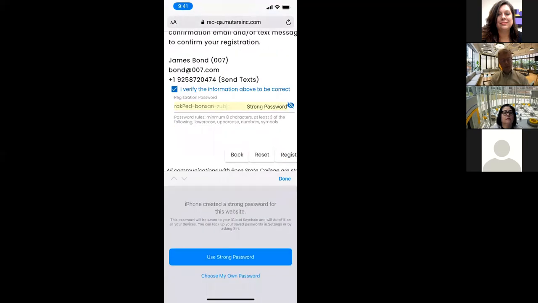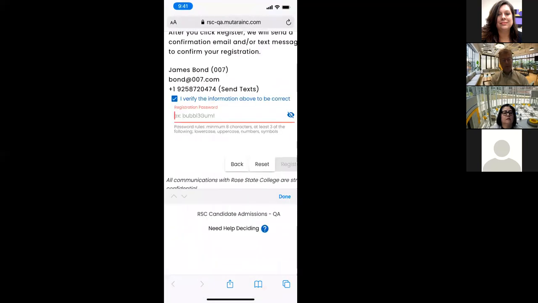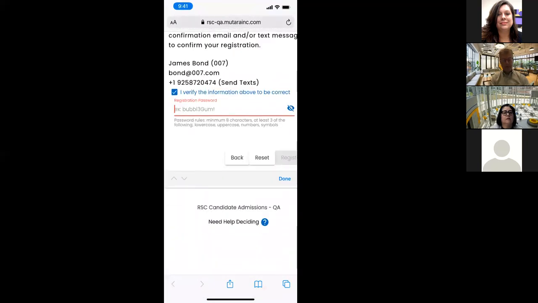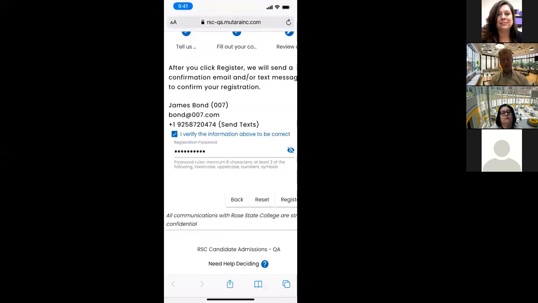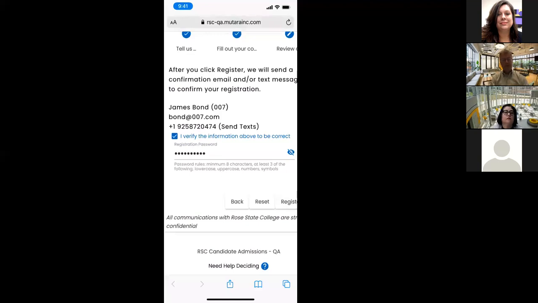And I'm going to choose my own password. Now I can click register.